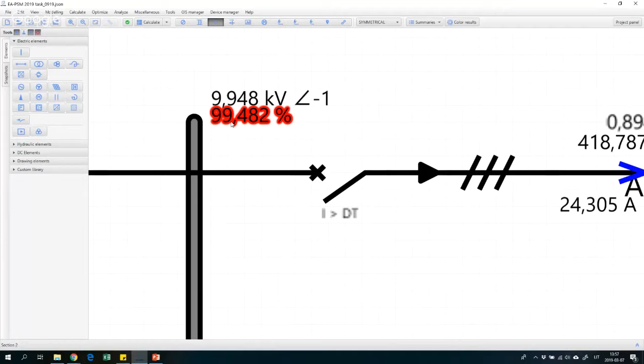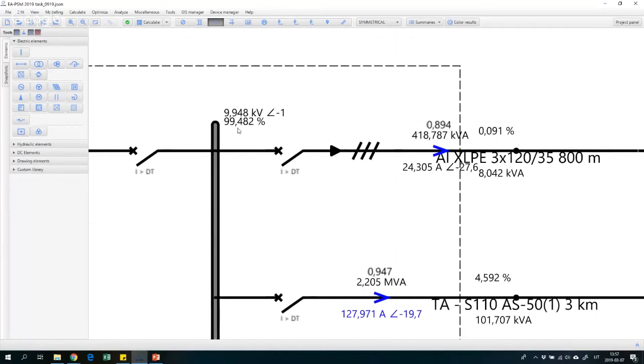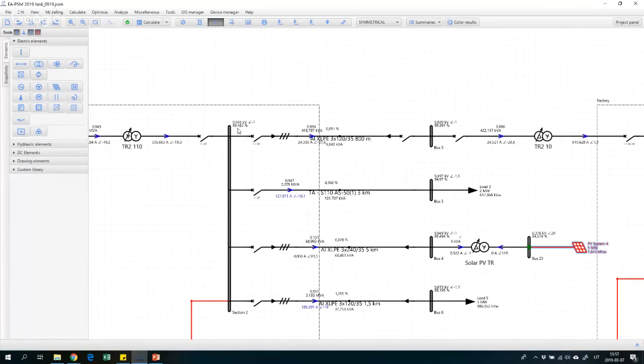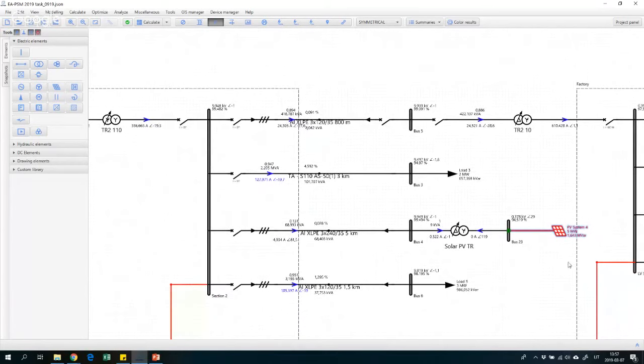So the voltage drop is 0.5%, and actually it is quite a significant impact on the voltage which we get from the solar power plant. If we have this kind of voltage drop, then we have to look to standards like IEEE standards. They specify how many voltage fluctuations we can have in the network in the case of renewable energy power plant generators.